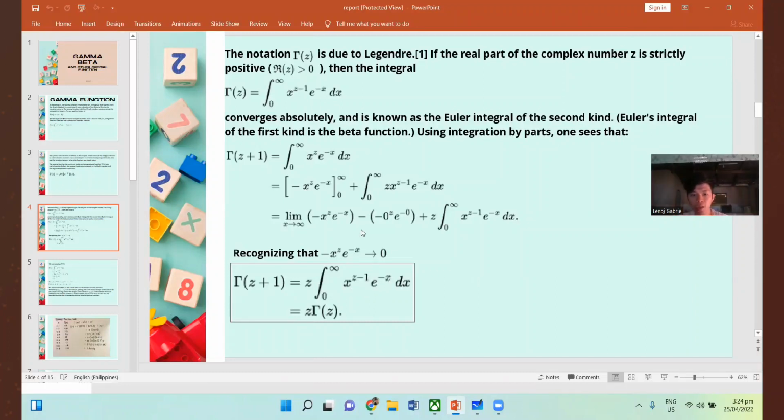So nakikita natin dito na magkamukha ang gamma z natin is equals to this part. So palitan na lang to para mas madali. So makakuha natin ang z gamma of z. So ang sagot dito, gamma of z plus 1 is equals to z gamma of z.